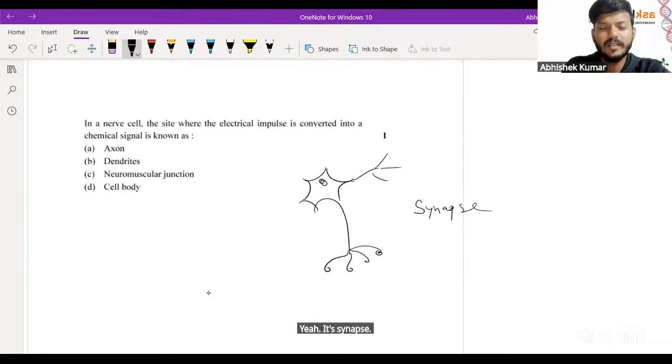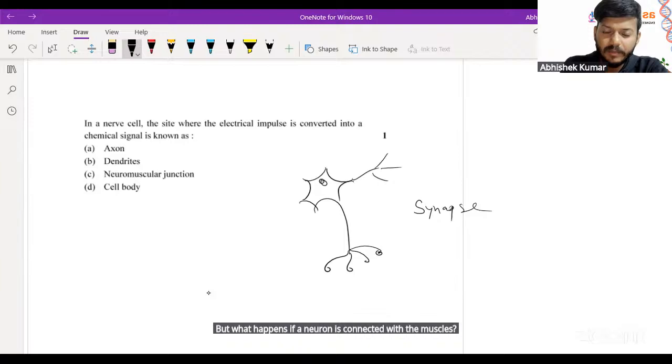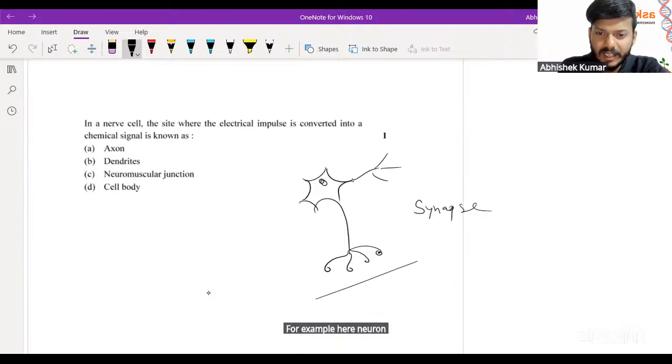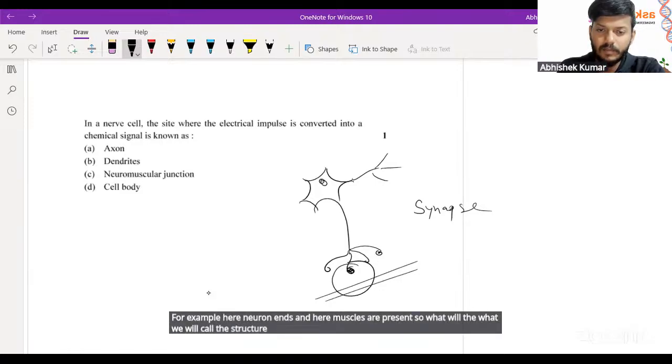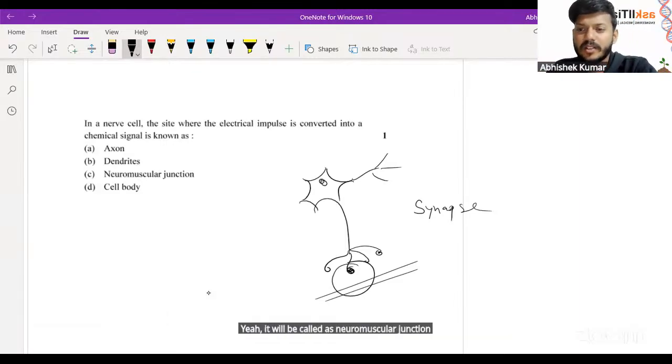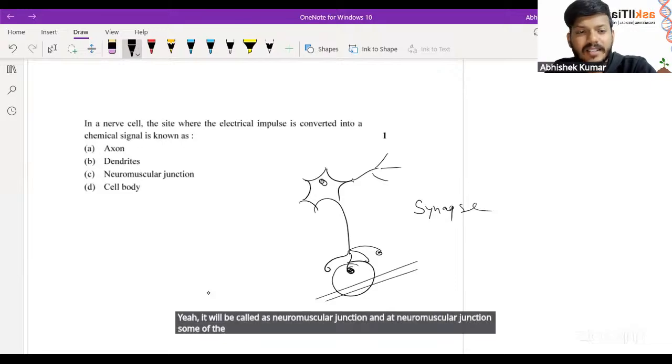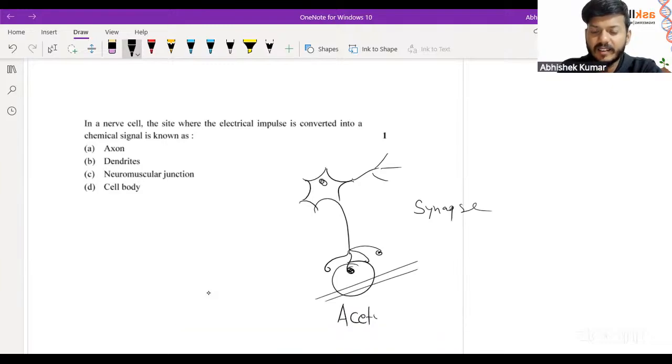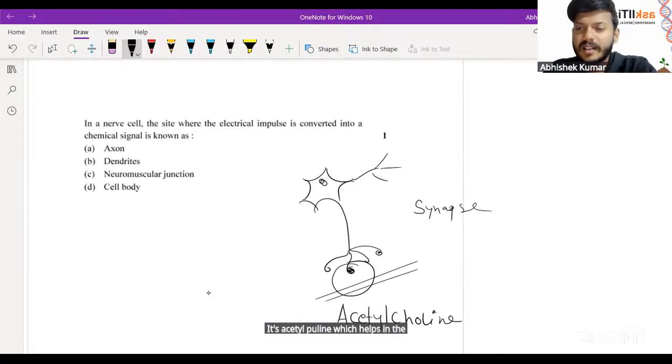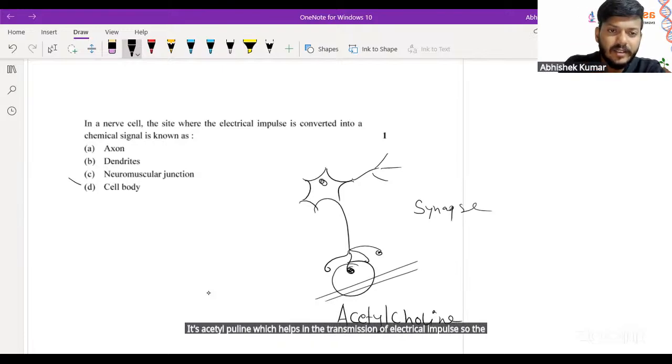But what happens if a neuron is connected with a muscle? For example, here the neuron ends and here the muscles are present. What will we call this structure? Neuromuscular junction. At the neuromuscular junction, some neurotransmitters are present. Do you remember the name of that neurotransmitter? It's acetylcholine, which helps in the transmission of the electrical impulse. So option C will be correct.